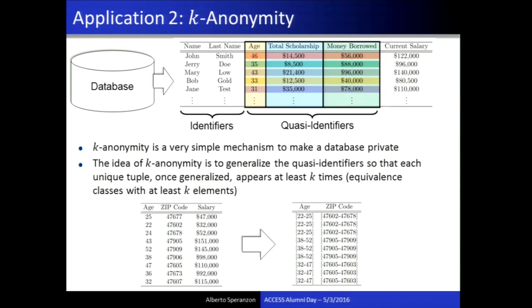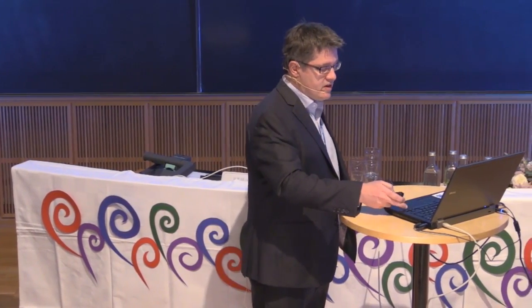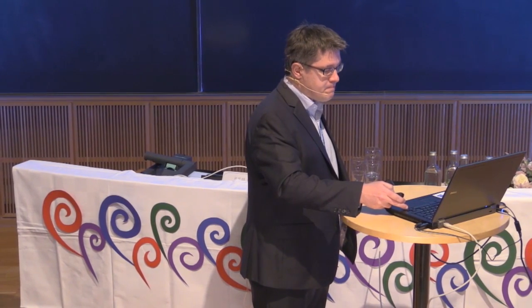And the zip code is the same if I remove the last 2 digits: 476***, and then age 22 to 25. So now suddenly 3 records become 1 record, and there is not a single record that looks like this, but there are 3 or more that look like that. So now you're achieving 3-anonymity.